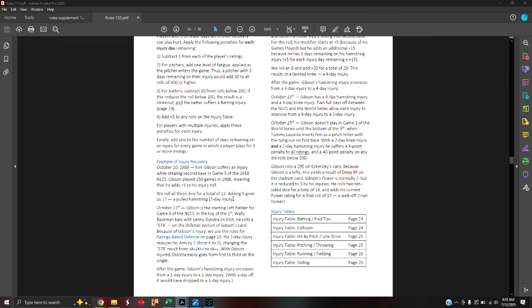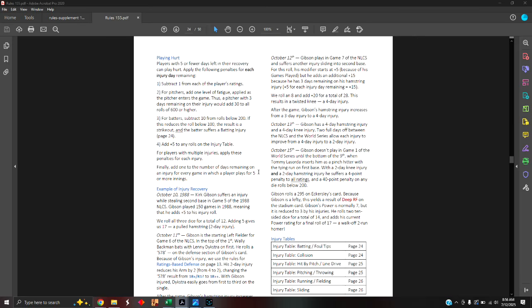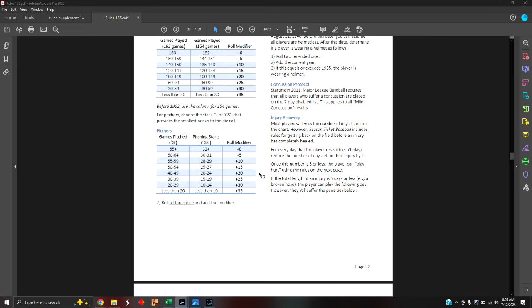But if you need to bring somebody in, you need to bring somebody in. And that's if they play 5 or more innings. So if they come in and pinch hit, that's not going to add to their injury time, but it's also not going to subtract a day from their injury time.